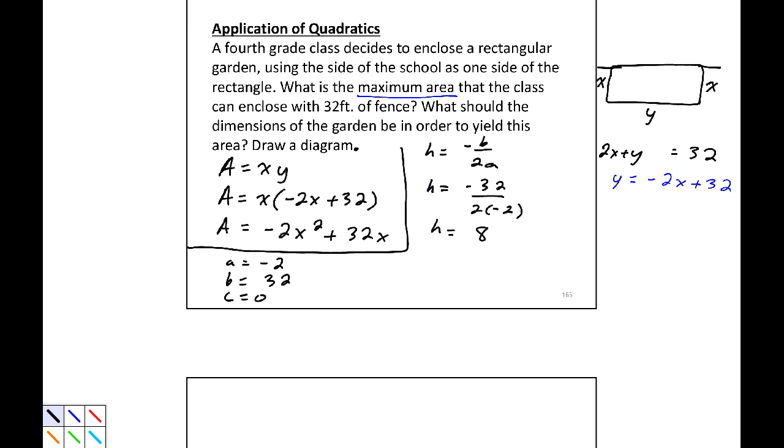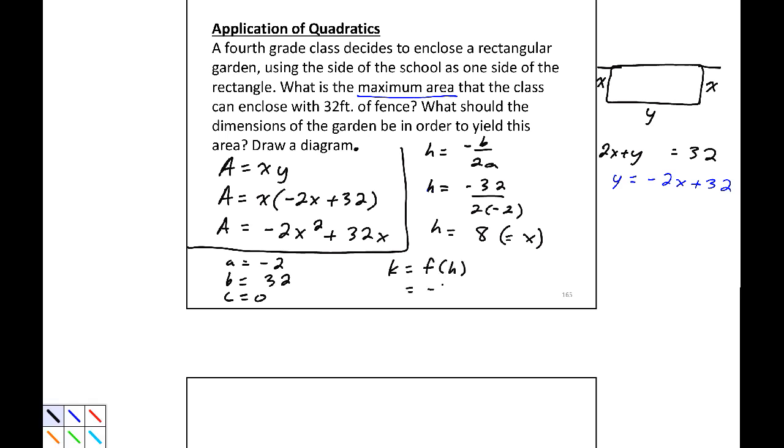But that is not the maximum area. That is what value of x gives us the maximum area. That will be helpful. We want to know our dimensions. But we can find the actual maximum area by finding k, which is f of h.